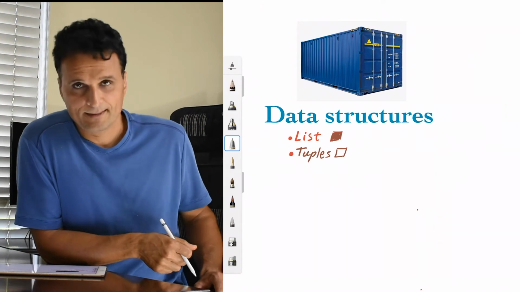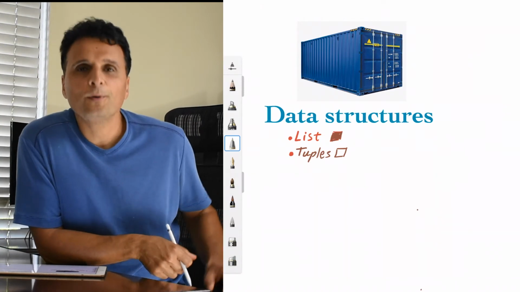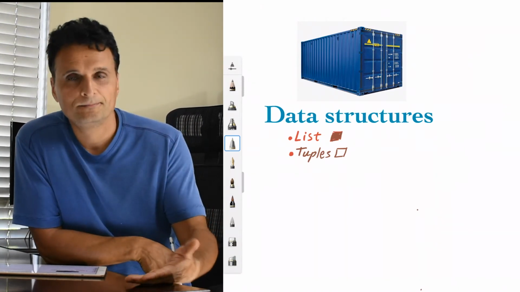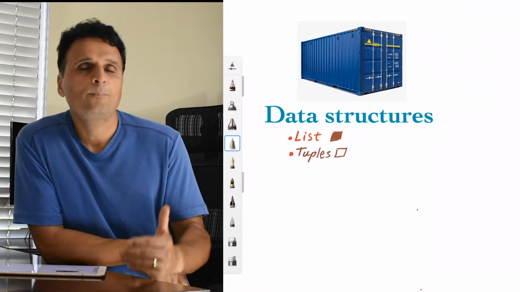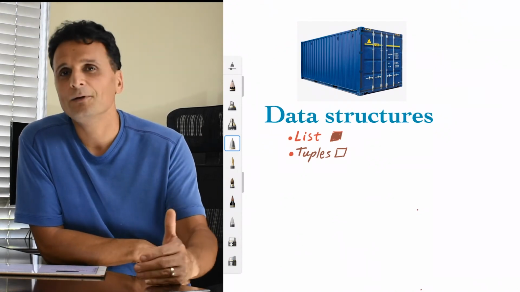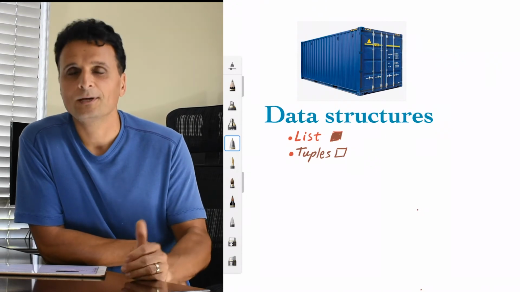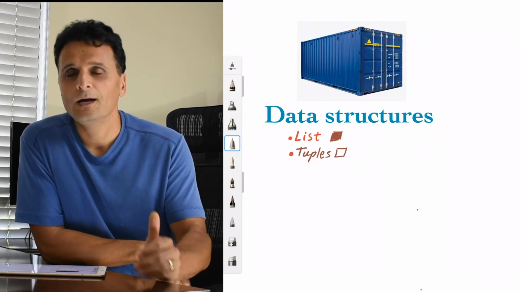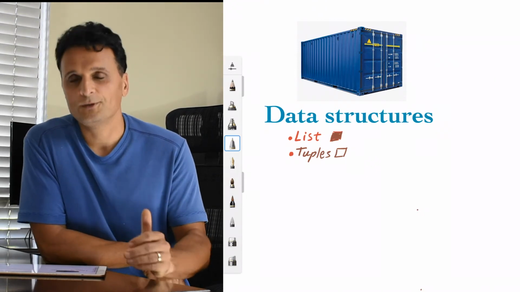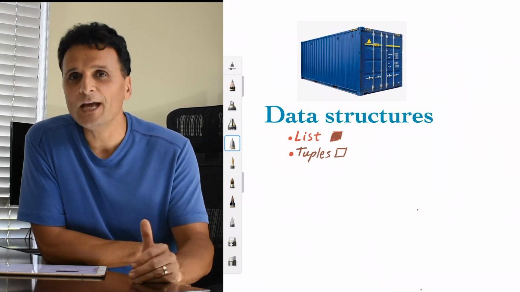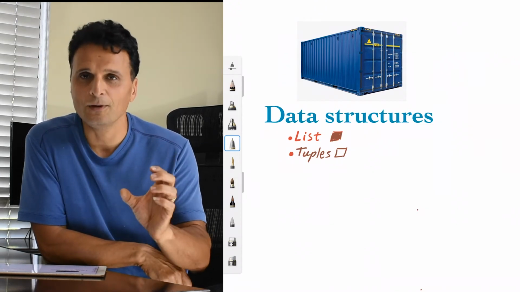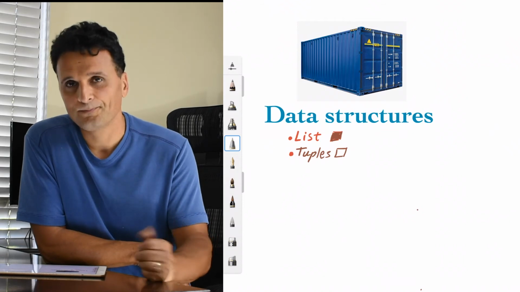We learned about lists. Python provides another container, tuple. In Python, a tuple is similar to a list, except objects in a tuple are immutable, which means we cannot change the elements of a tuple once we create it.